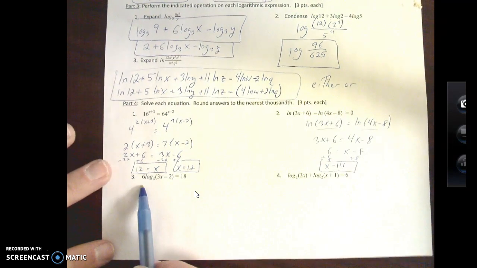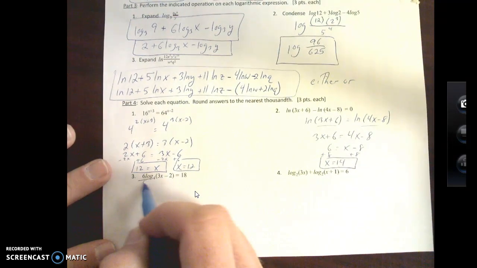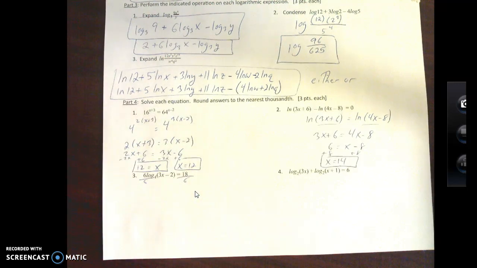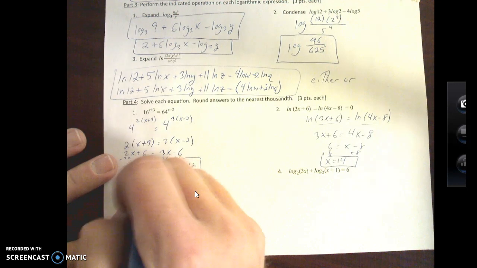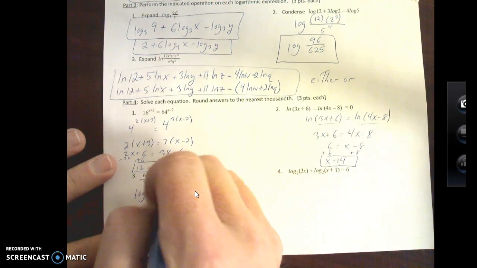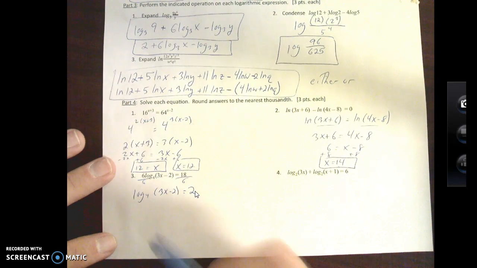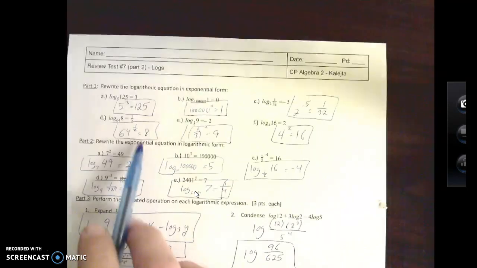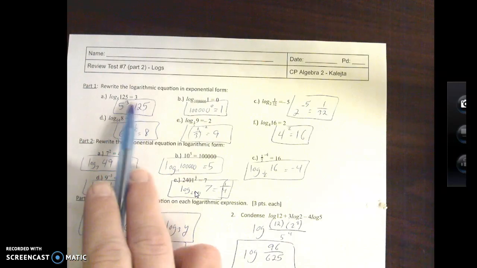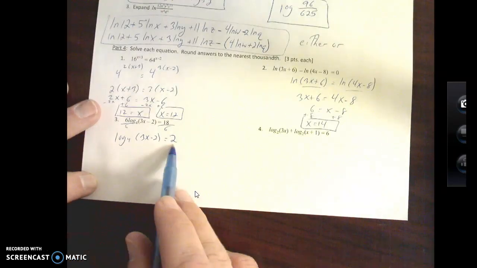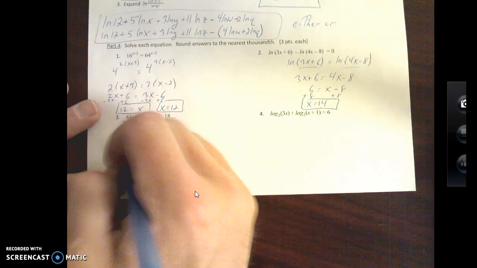3 is super easy, but don't forget to divide the 6 over first, or whatever number is out front. If you do not, this will be wrong, okay? So I've got 6 log base 4 of 3x minus 2 equals 12, and now you rewrite it in exponential form. What does that mean? It's the thing you did up here. 5 to the third equals 125. 4 to the second equals this junk.